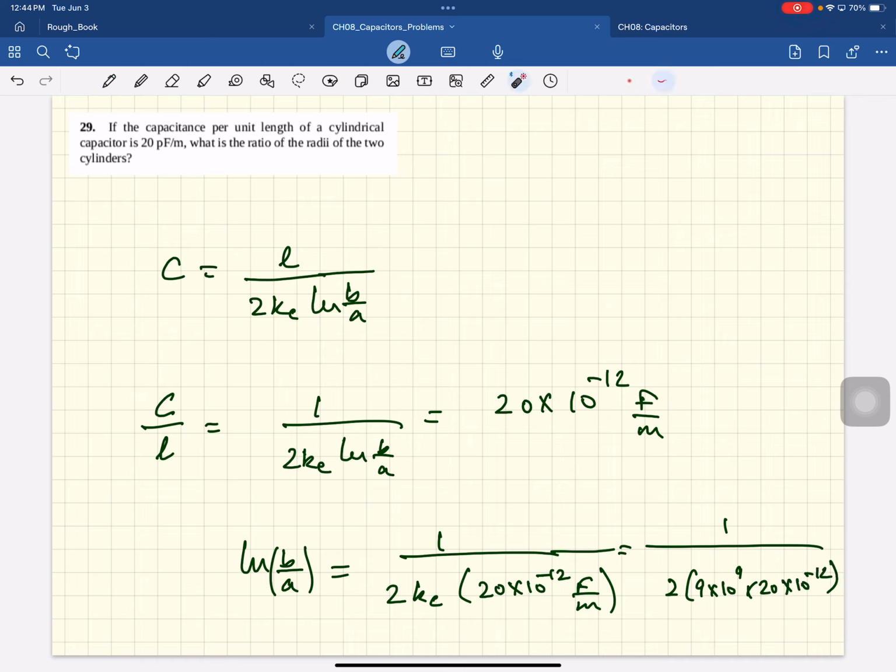So what you have is 10 to the minus 3, that comes to the top, and that's 18 times 2 is 36, 1,000 divided by 360.